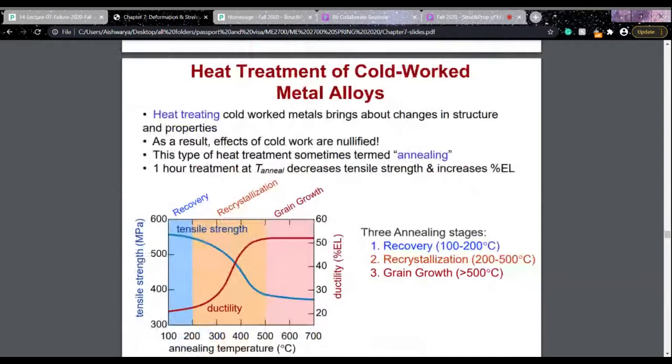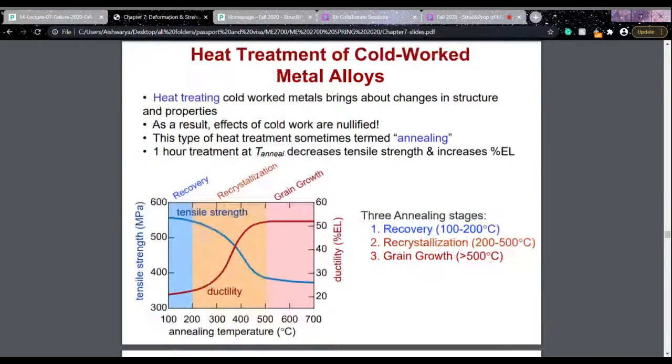Annealing is defined as heating the material to a particular temperature so that all the effects of the strain hardening are removed. The annealing temperature can be defined as the temperature at which the grain structure is completely refined with a 1 hour treatment.